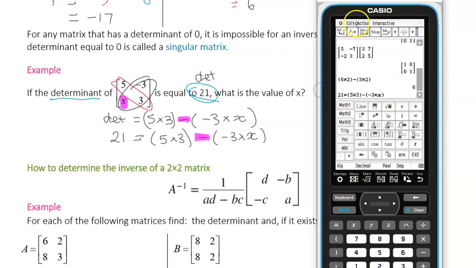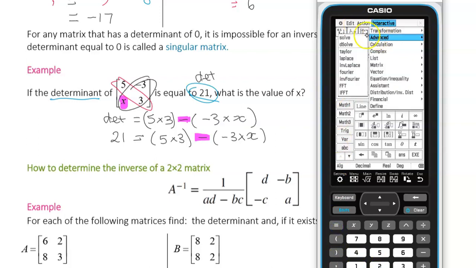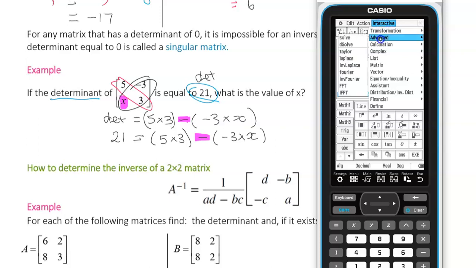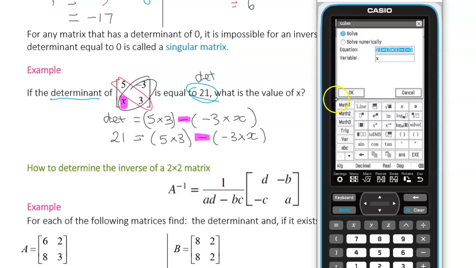Now I'm going to highlight interactive advanced solve. It's going to be doing its thing. It's thinking. Try again. Interactive advanced solve. There we go.